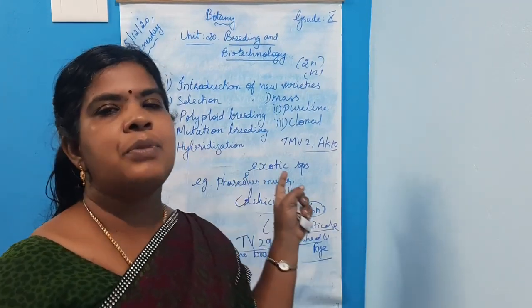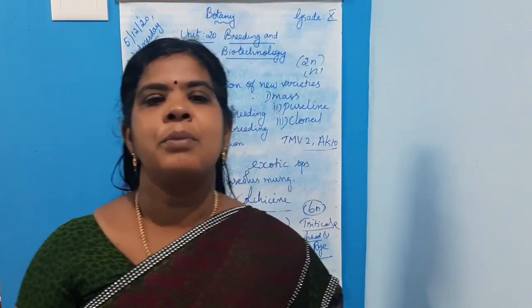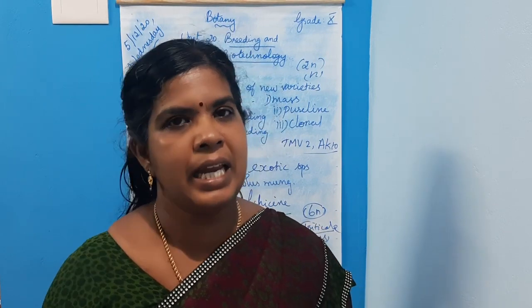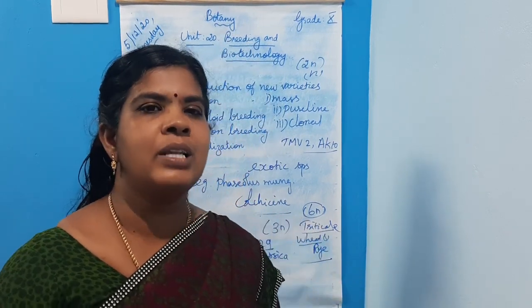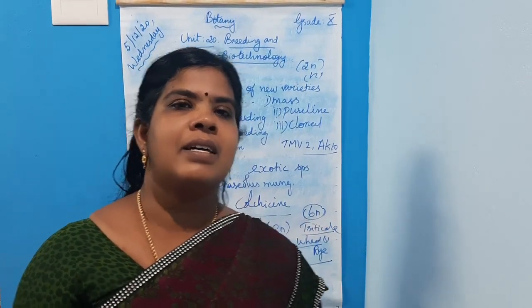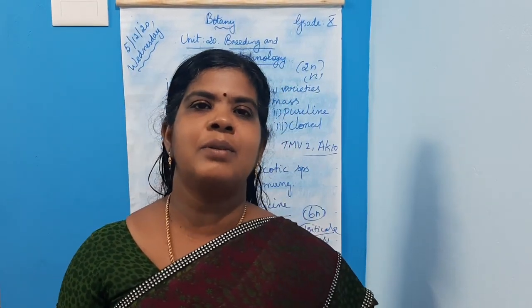Mutation breeding. One of the crop improvement programs is mutation breeding. What is mutation? A sudden heritable change in the nucleotide sequence of DNA in an organism. You all know the structure of DNA: DNA consists of nucleotides, adenine, guanine, cytosine, thymine.